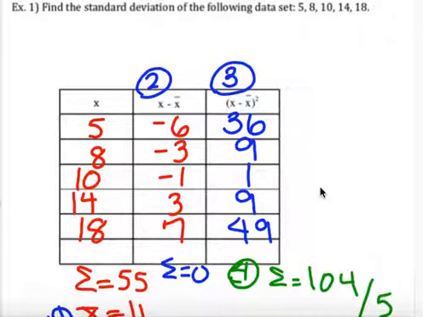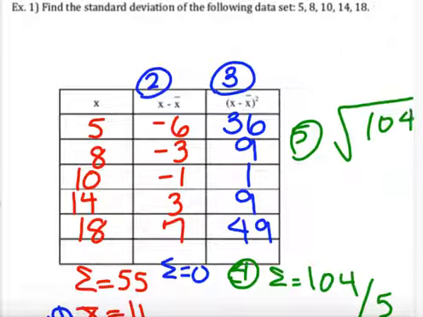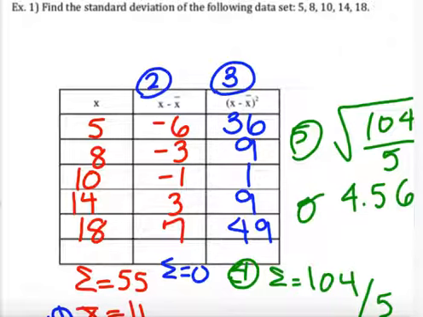So remember, in our calculator, on step 5, we typed in the square root of 104 divided by 5. And we get 4.56. And again, that symbol is your lowercase cursive sigma that you can use. So sigma equals 4.56.